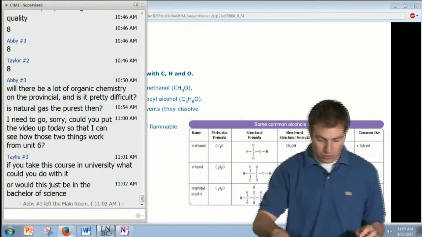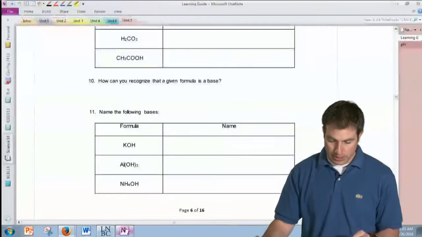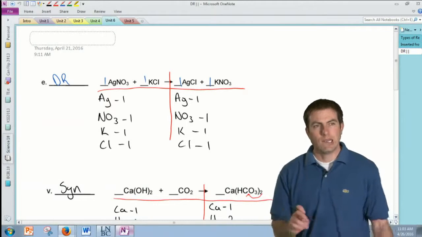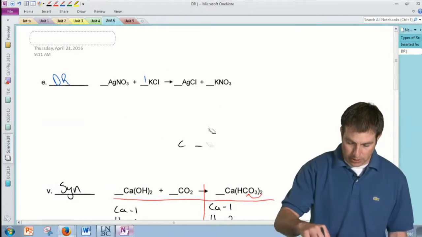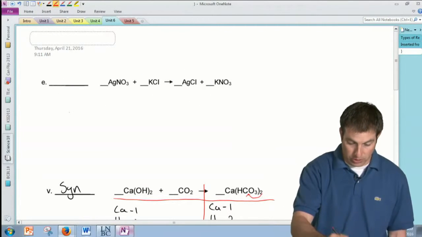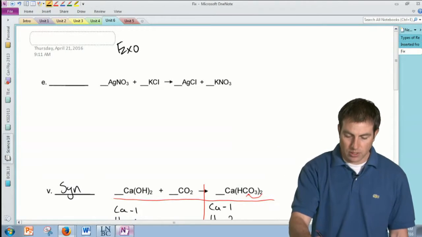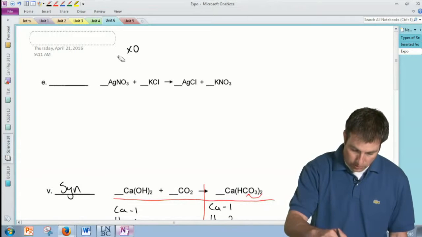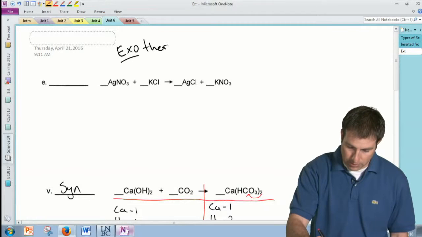I'm going to jump into my notepad here, and maybe I'll go to some equations here from Unit 6. So I know I did these already. I just want to explain endothermic or exothermic really quickly. It's a simple idea. So exothermic, let's focus on that word, exo. Have you guys ever heard of exothermic?